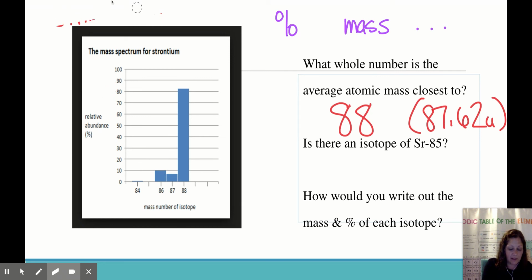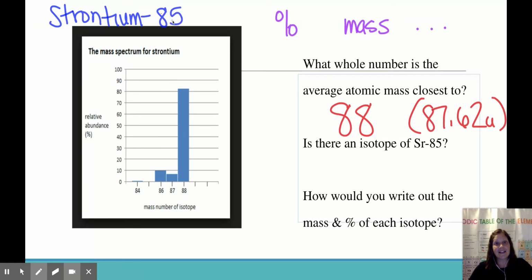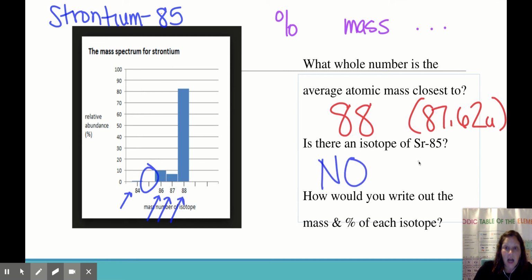In this sample, do we see evidence of a strontium 85? Well, look, I see strontium 84, 86, 87, and 88. 85 is blank, so that would mean no, there is not an isotope for strontium 85.